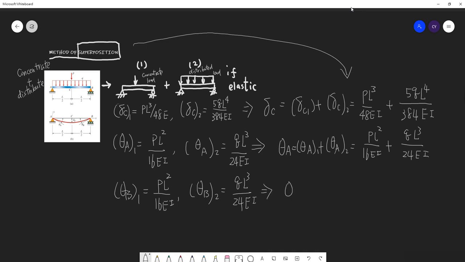Or last, theta B is equal to theta B number 1 plus theta B number 2. So it's the same, PL square over 16EI plus QL^3 over 24EI. So that is what we call superposition. This is the idea of superposition.